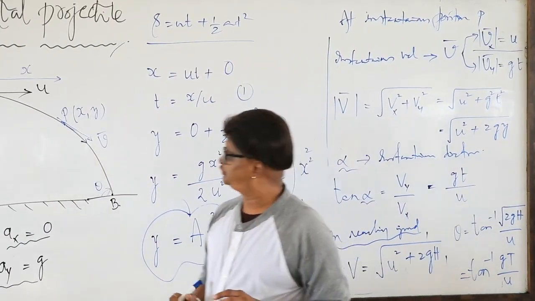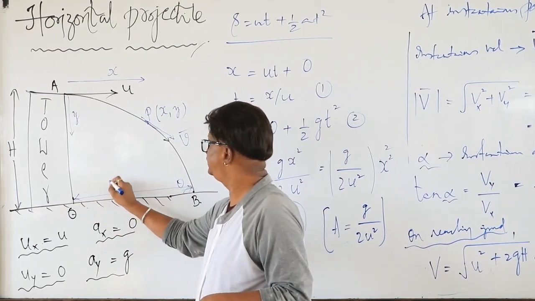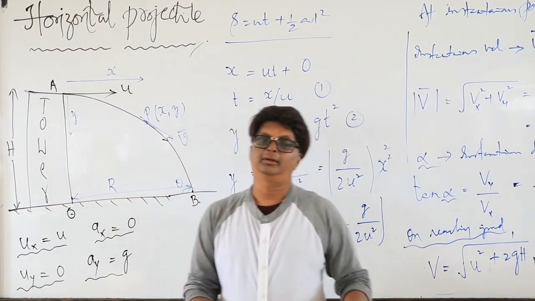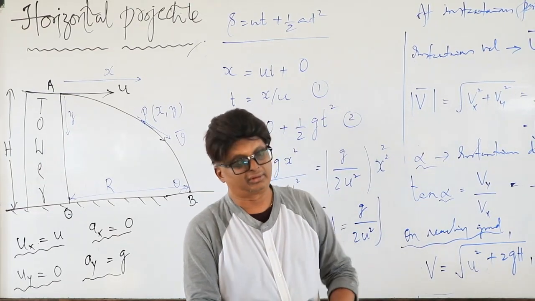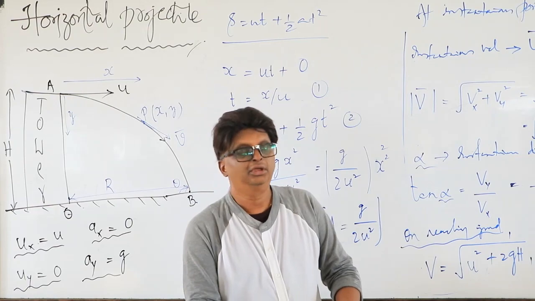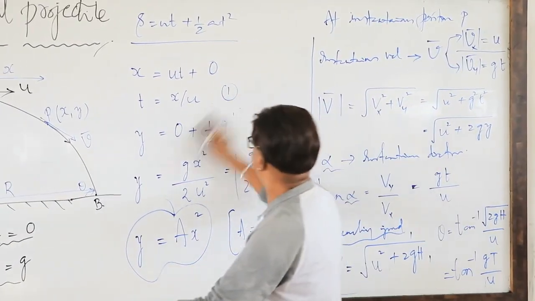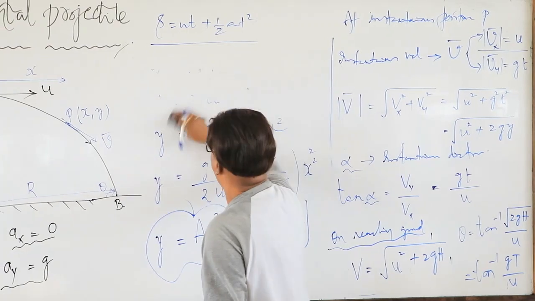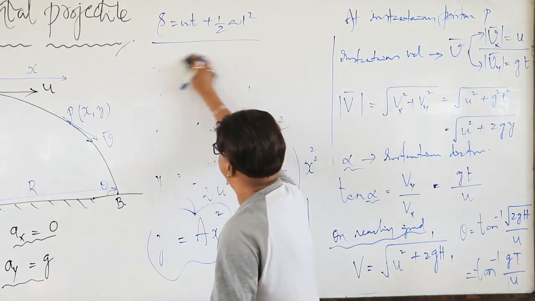Now let us come to the other aspect, which is the maximum horizontal displacement. In the language of projectiles, we call it range. So now let us calculate an expression for the range of the horizontal projectile. Already we have said what is meant by range.